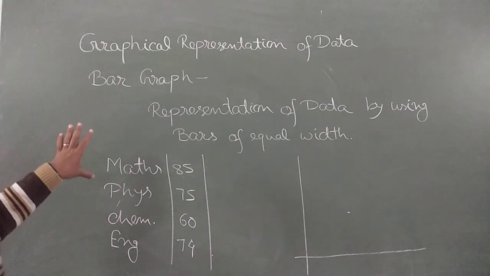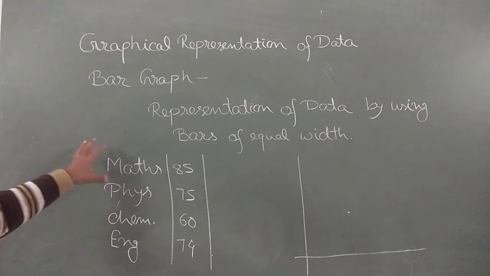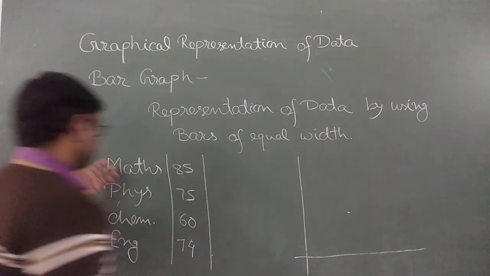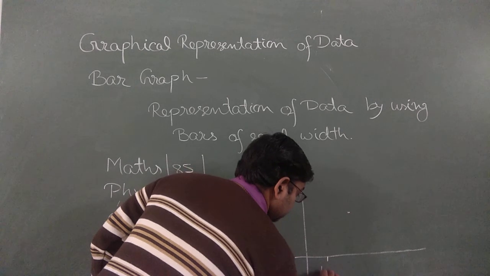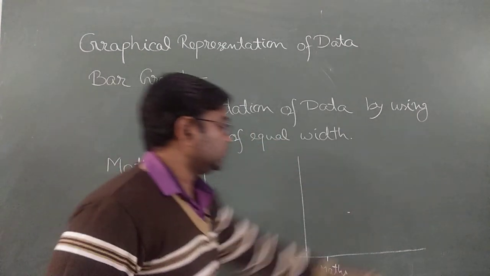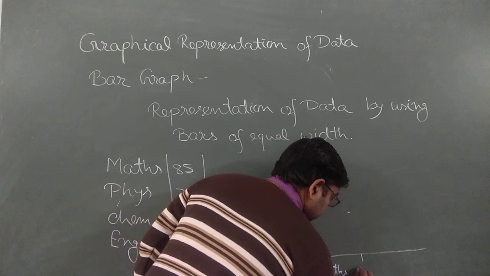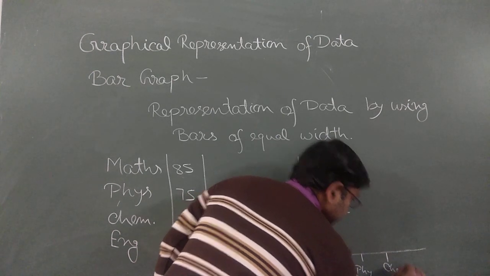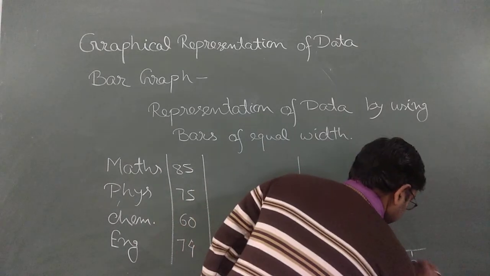We have to focus on what we plot under the x-axis. Generally under the x-axis we always have some physical quantity, what we are observing. In this case, suppose this is your maths part. First we draw the axis likewise, then we plot the points. This is your physics, this part is for chemistry, this part is your English.